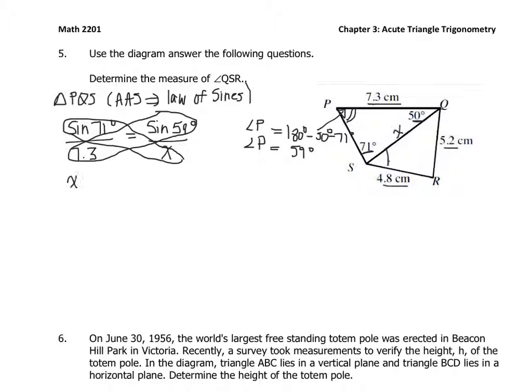So x times the sine of 71 equals 7.3 times the sine of 59, and that gives you 6.2573. And then you would divide both sides by sine of 71.